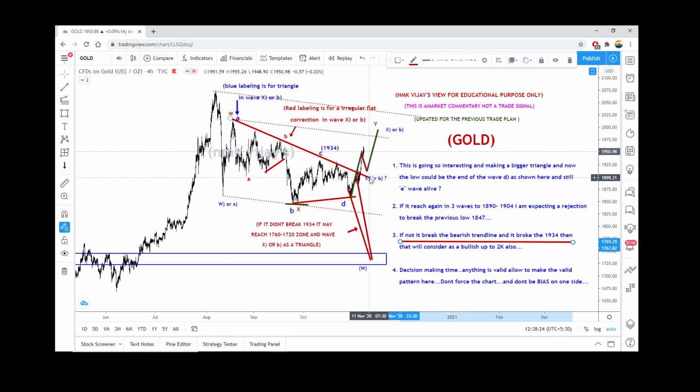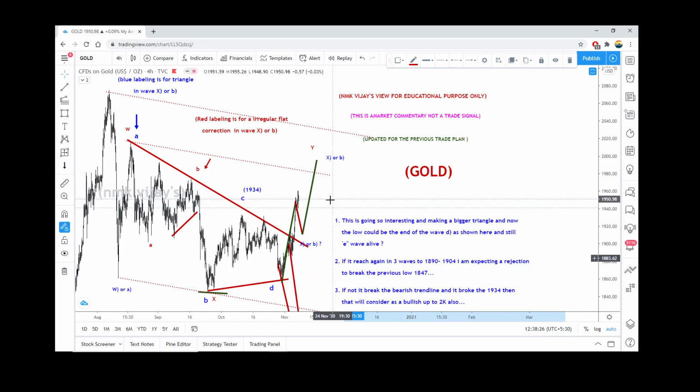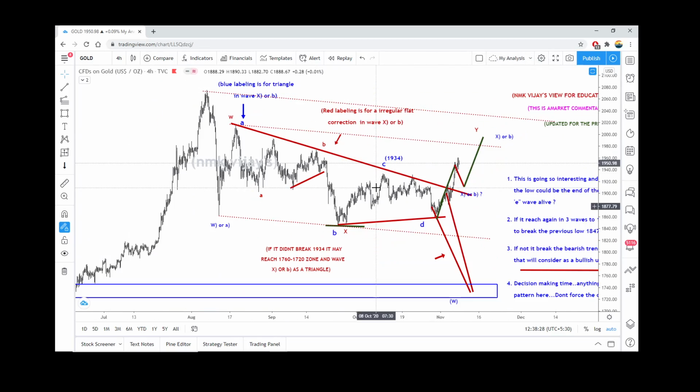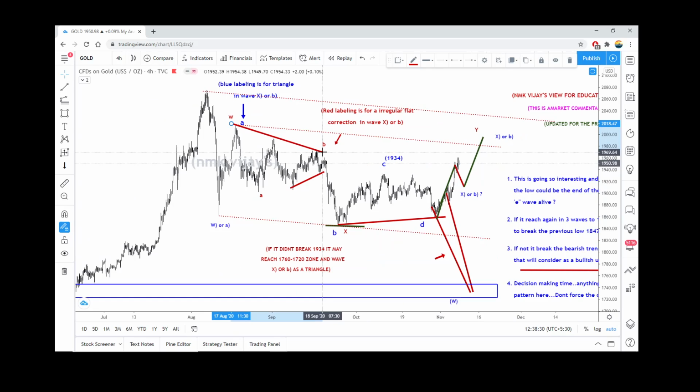So now what will be the conclusion here is, I will explain whether you forget about this WABC, whether this W, so this is the X, A, B, C, D, E. So whether the Y wave is ended here means we will move up to 2000 also.